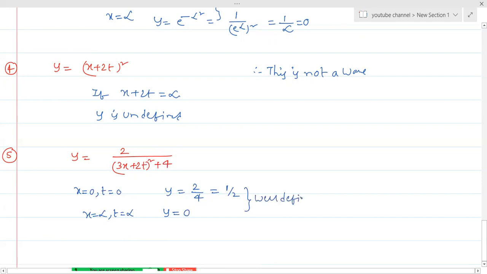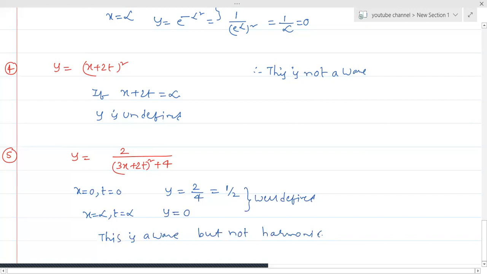We only check these two values, and automatically we will call it a wave if they are well defined. So definitely this is a wave, but obviously not a harmonic one.